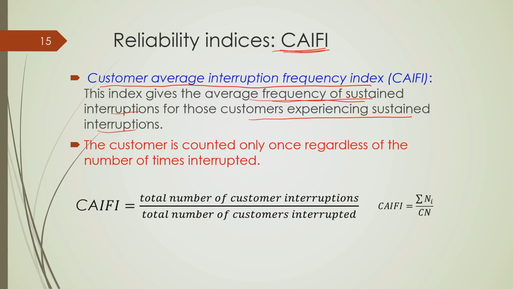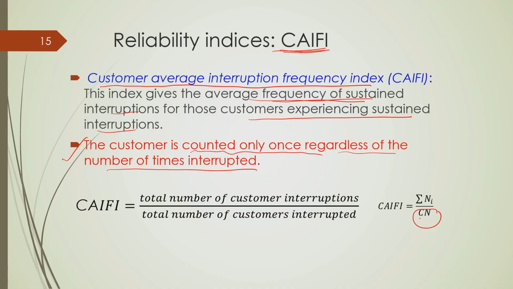Okay. Again, the denominator of this CAIFI is CN, which means a customer who was interrupted is counted only once, regardless of the number of times interrupted. That means we again eliminate considering any customer who experienced multiple interruptions multiple times, and that is why CN basically represents the actual number of customers who experienced interruptions.